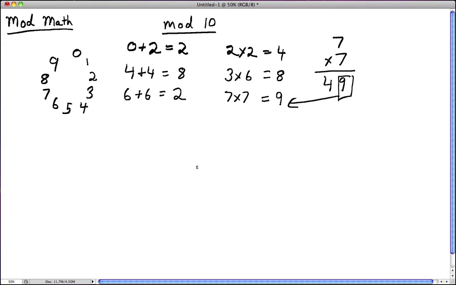So what is the rule? Basic rule is like this.